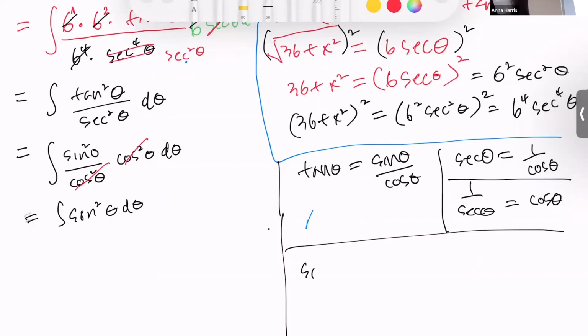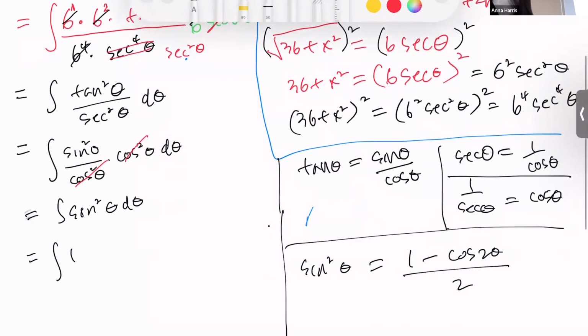You're going to say sine squared theta is the same as what? 1 minus cosine 2 theta over what? 2. So I'm going to rewrite this problem: 1 minus cosine 2 theta over 2 d theta.